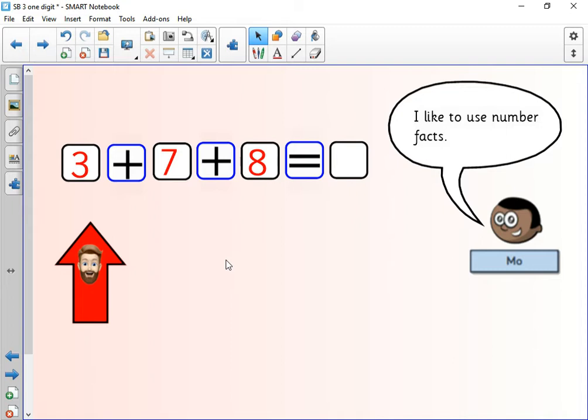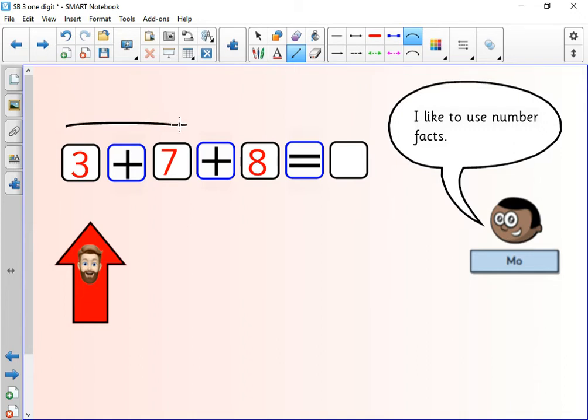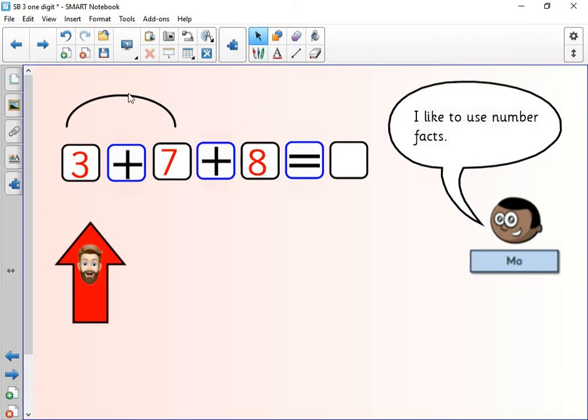Can you see the number fact that Mo's going to use? Can you see two numbers that I could join together to make a fact? Brilliant, that's right. It's 3 and 7. 3 and 7 make 10. So Mo's found a number fact for 10.